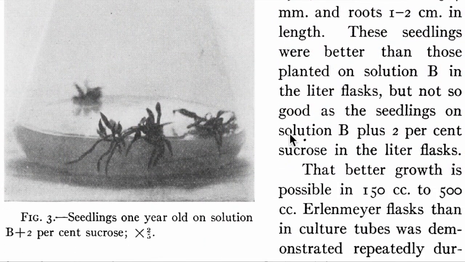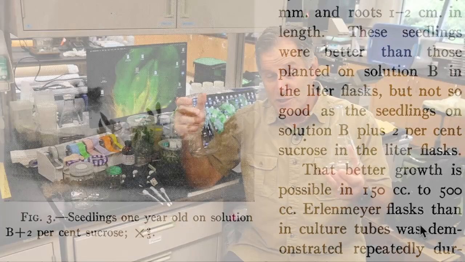And I should say, Erlenmeyer is the guy's name. He's a German guy that developed these flasks. So the term flasking was derived from the use of these types of containers, these flasks.